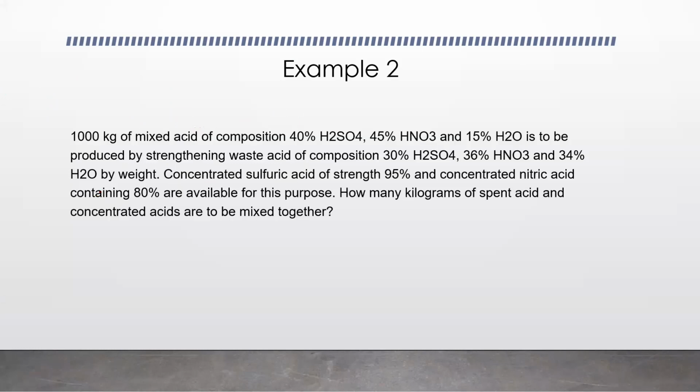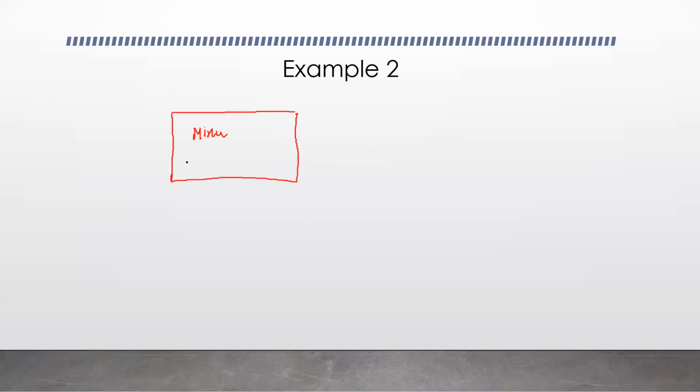The first step is again to draw the block diagram. So I'm going to keep the mixing unit here. This is my mixing unit. Then I'm going to add waste acid, sulfuric acid, and nitric acid.